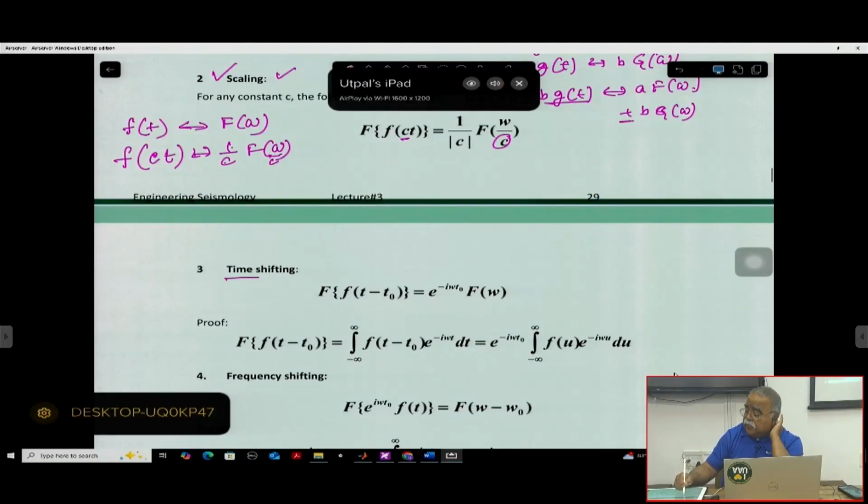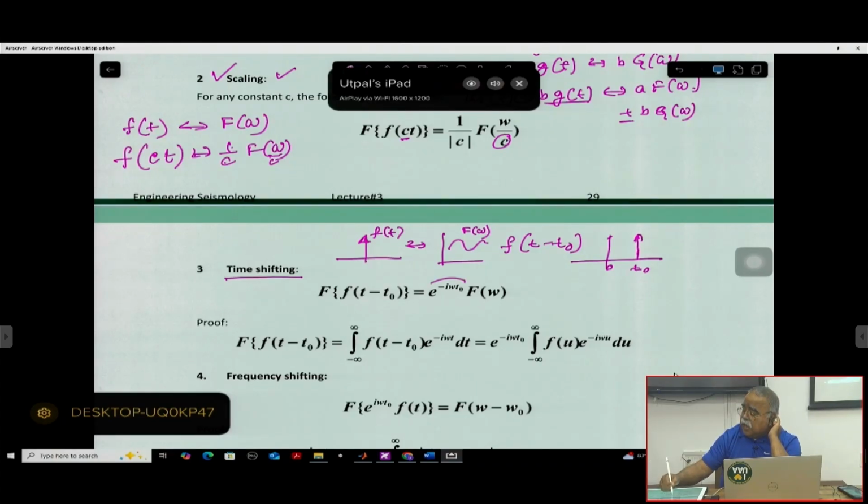So if I have a shifting of the time series, if the time series is shifted by an amount t0, that means if this is your f(t), which has a Fourier transform F(omega), then f(t minus t0), shifted by an amount t0, will have a Fourier transform multiplied by e to the power j omega t0.